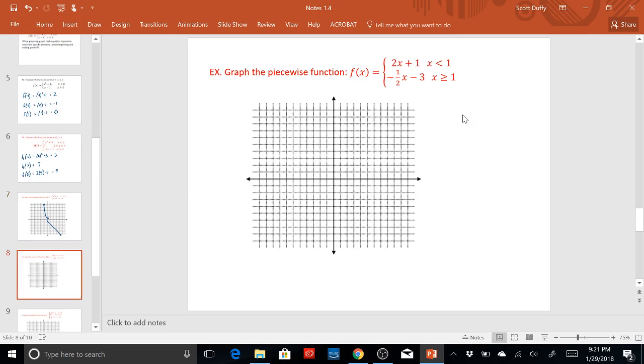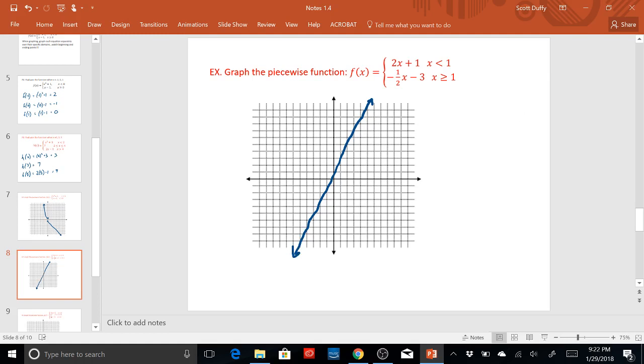Alright, so we have 2x plus 1. That's what that looks like.